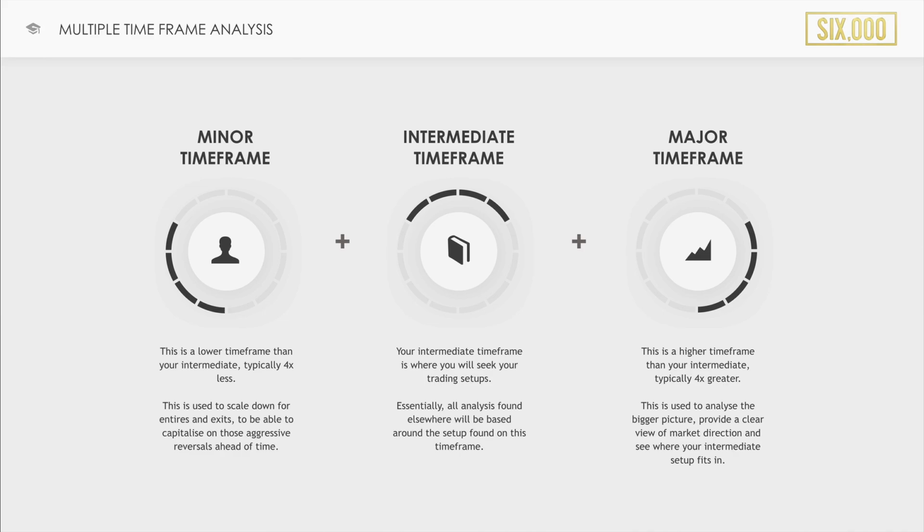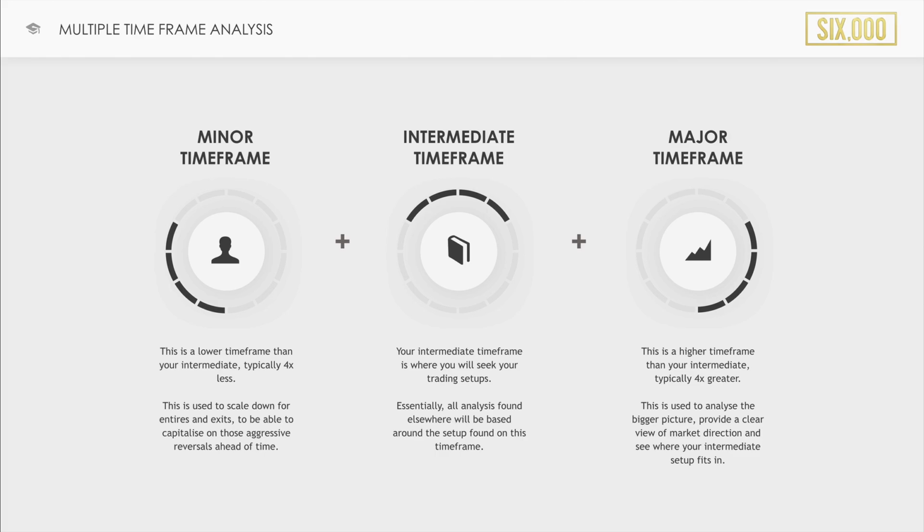So this is used to analyze the bigger picture. We use the daily chart to analyze the overall sentiment of the market, the overall trend, and this helps provide a clear view of market direction and see where your intermediate setup fits in. So does it make sense? Does your intermediate trading setup fit in with the bigger picture? And that's essentially what you're analyzing here.